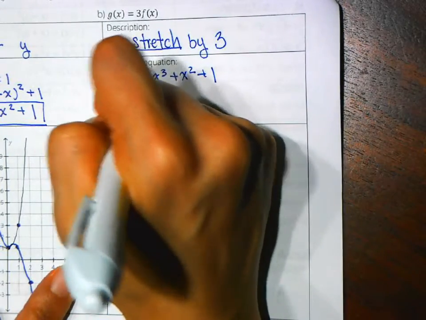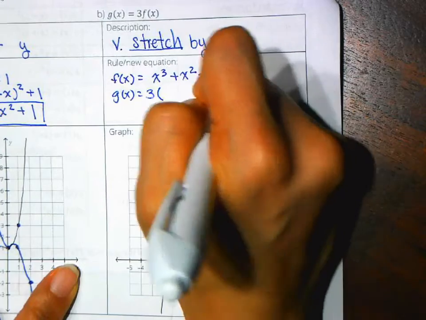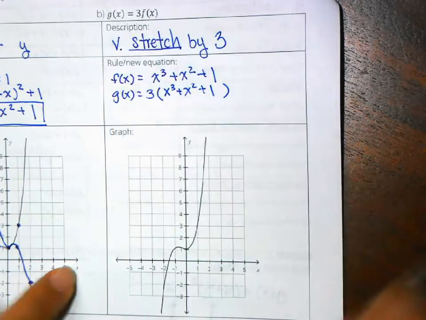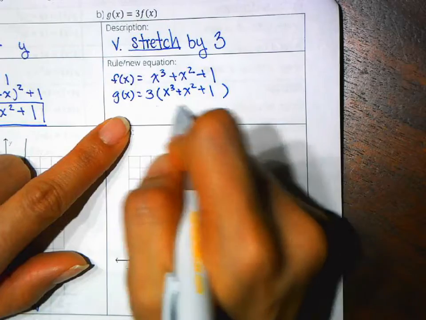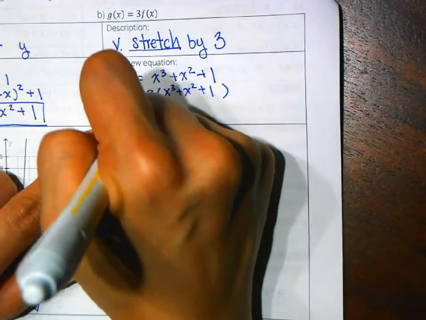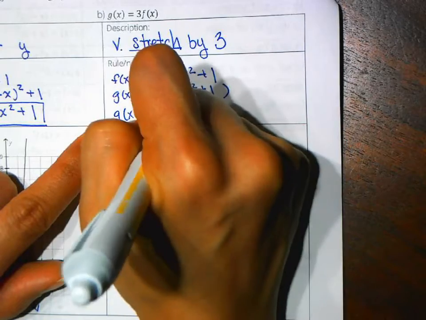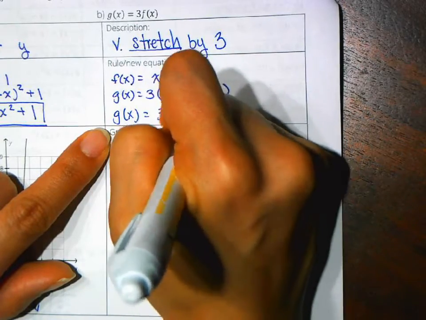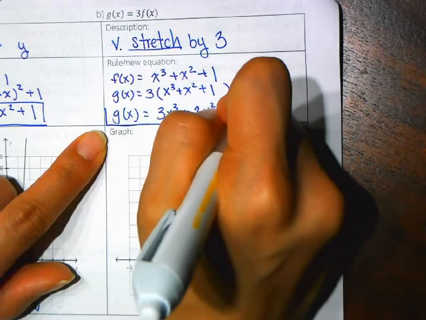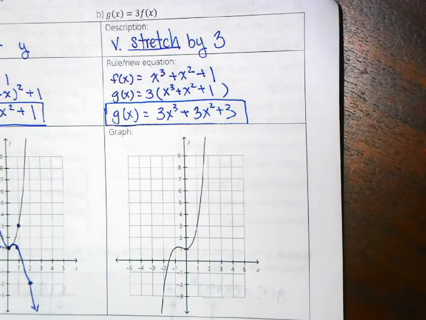So my g of x is going to be 3 times the whole f of x, x cubed plus x squared plus 1. And to simplify, you're going to distribute my 3 into that equation. So g of x is equal to 3x cubed plus 3x squared plus 3. And that would be my simplified g of x.